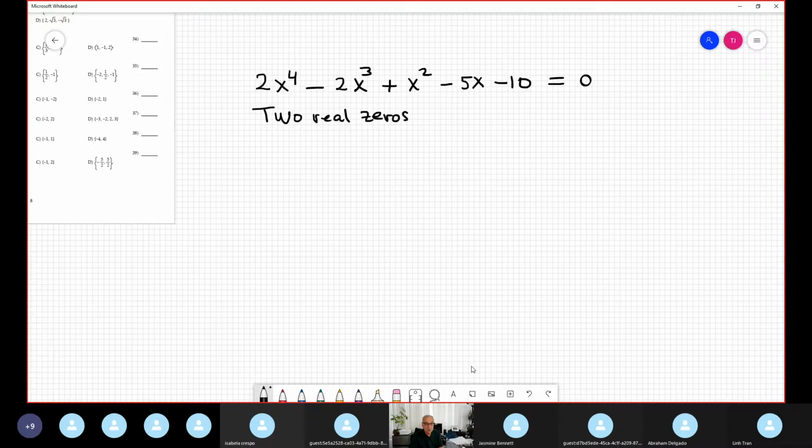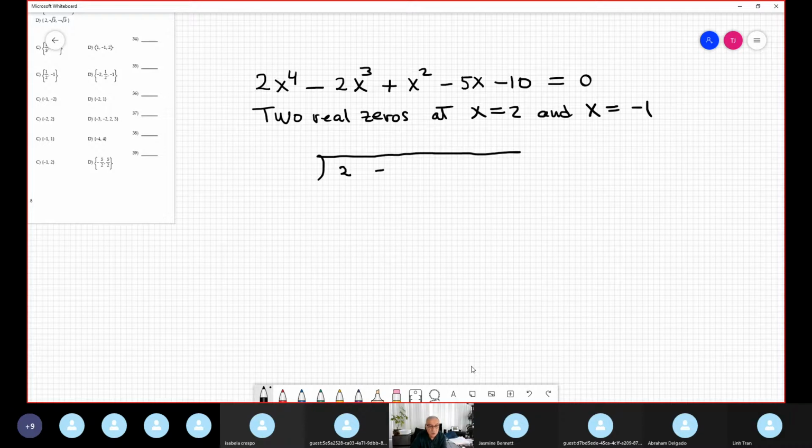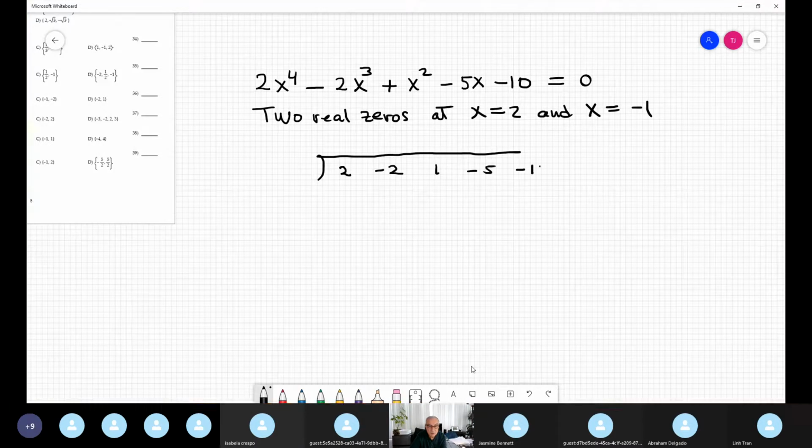2 and negative 1. Let me check it just in case. Oh yes. Okay, super. Now to prove it, use synthetic division. 2, negative 2, 1, negative 5, negative 10.